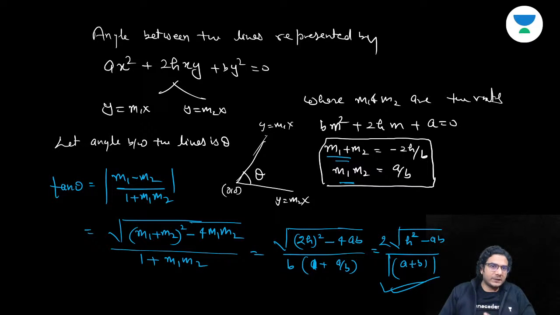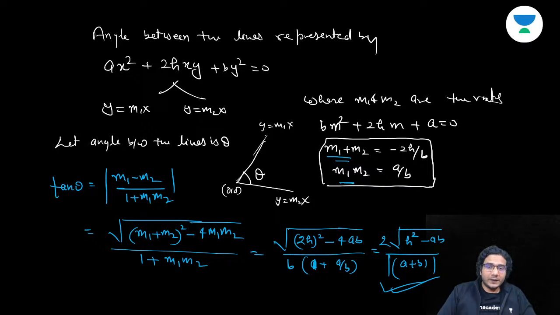We need to memorize this formula because when they ask for the angle between the lines represented by these two equations, we are not going to separate the lines first of all. We are not going to find the slopes and then apply m1 minus m2 upon 1 plus m1 m2. That might take more time, because m1 m2 might be irrational also.